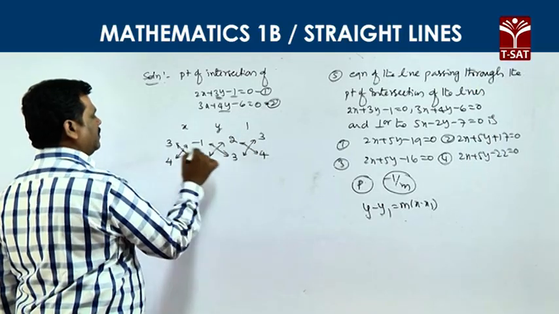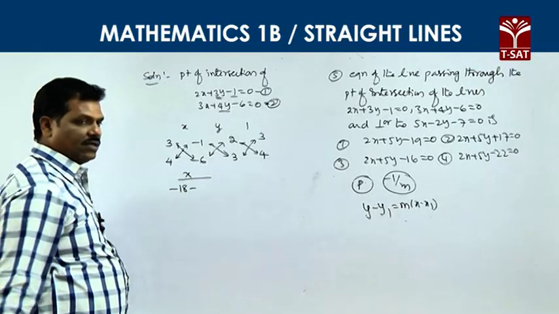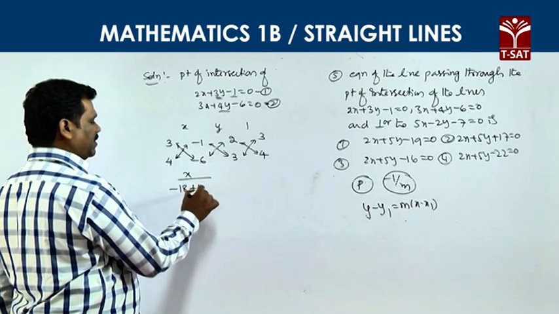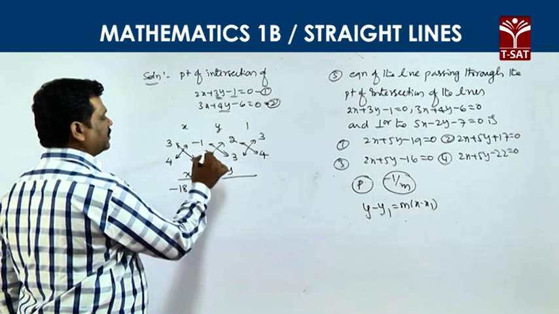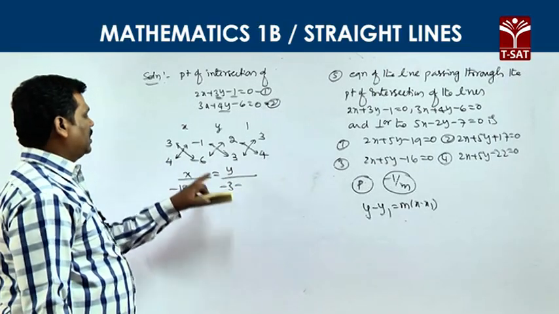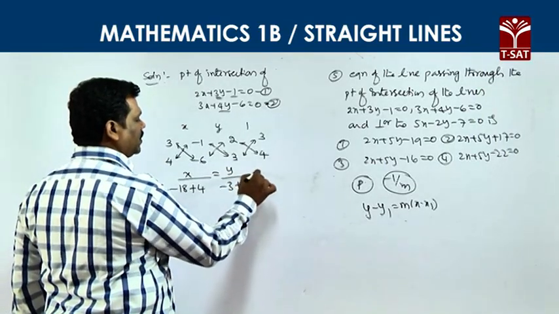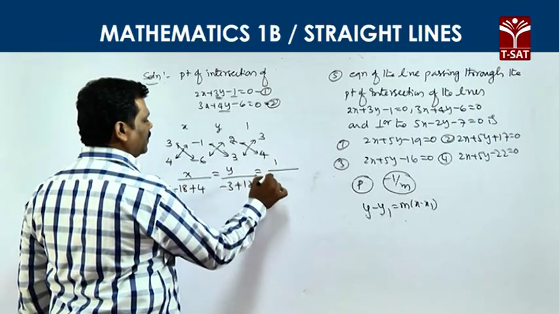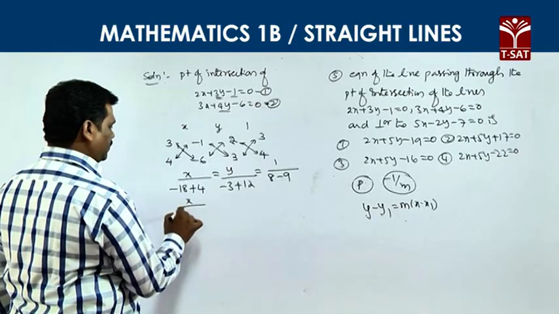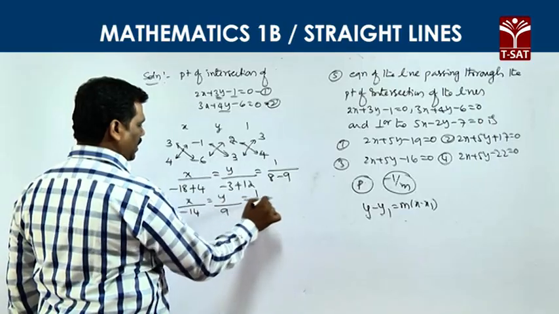By cross multiplication, x by 3 into minus 6, minus 18, minus 4 into minus 1, minus into minus plus 4, equal to y by minus 1 into 3, minus 3, minus, minus 6 into 2, minus 12, minus into minus plus 12, equal to 1 by 2 into 4, 8, minus 3 into 3, 9, minus 1. So x by minus 14 equal to y by 9 equal to 1 by minus 1.